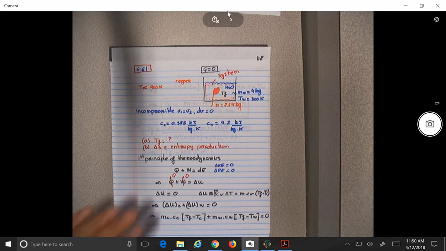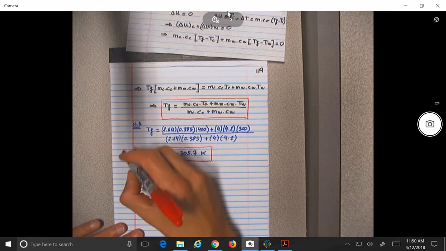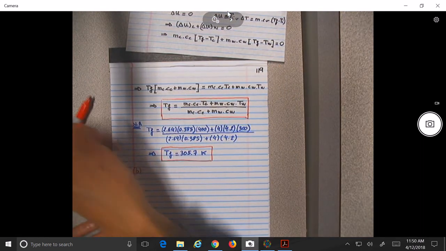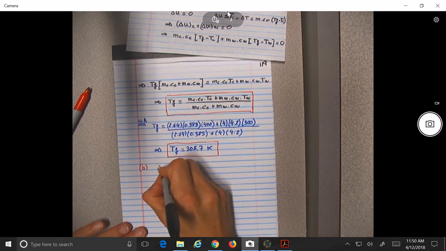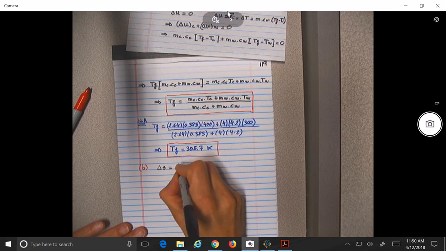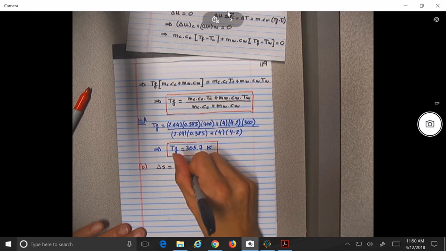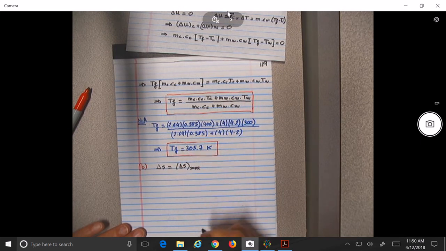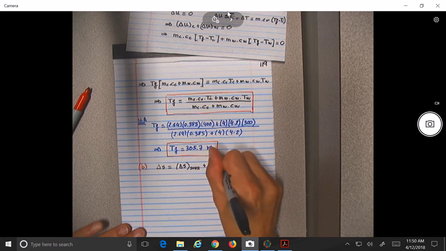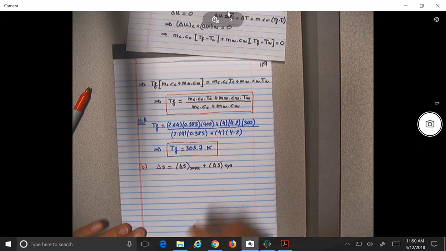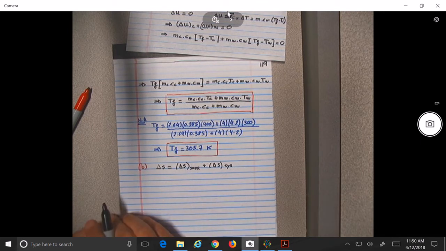Okay, so let's see. So part B. If we use the concept of increasing entropy of the universe introduced by Kelvin, we say that the total change in entropy is equal to the change in entropy of the surrounding plus the change in entropy of the system, no?